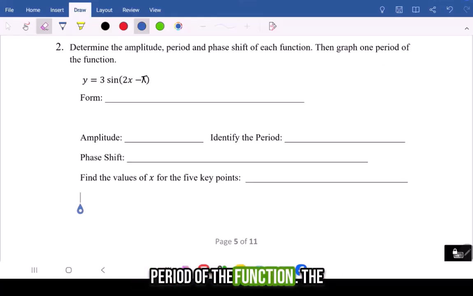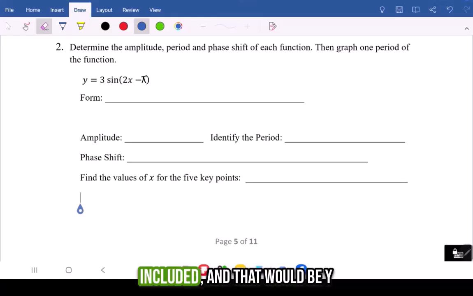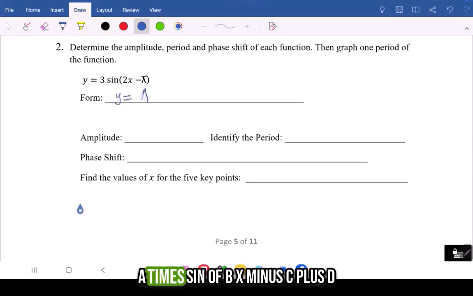The first step is to write out the general form of the function with all its variations included, and that would be y equals a times sine of bx minus c plus d.